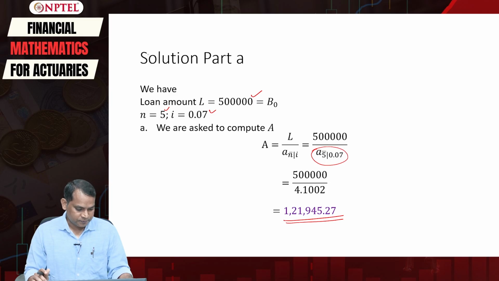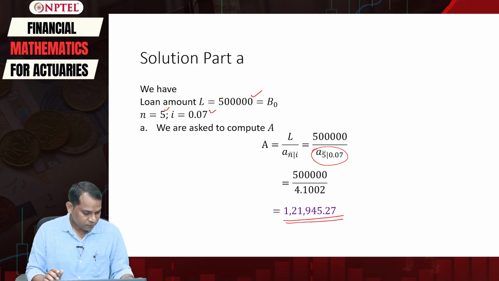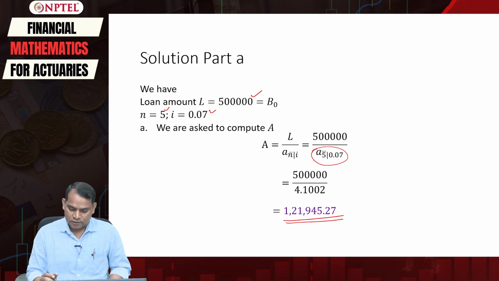As we know, you can simply compute the interest amount. In fact, the total amount that will go towards the interest payment is 35,000.